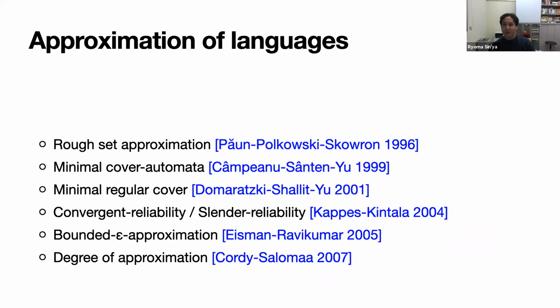So in history, several different models of approximation have been proposed and studied: last set approximation, minimal cover, convergent reliability, bounded epsilon approximation, degree of approximation.